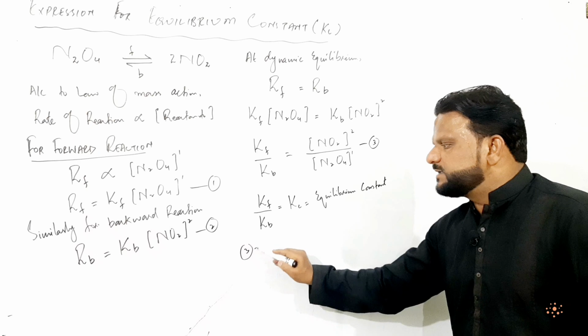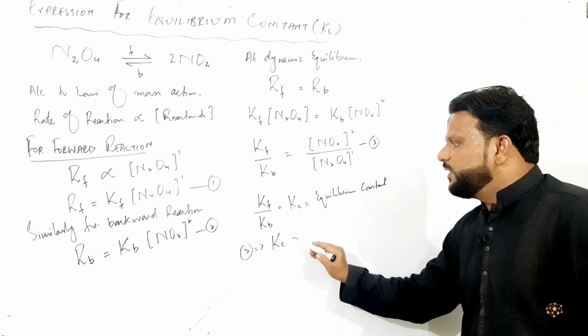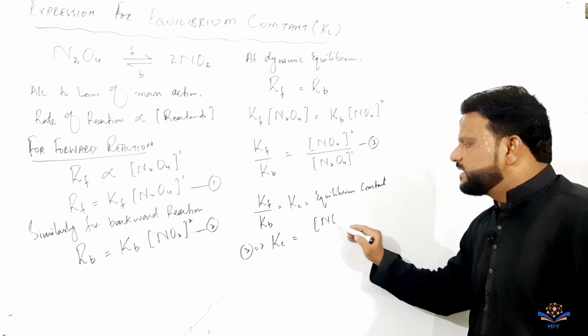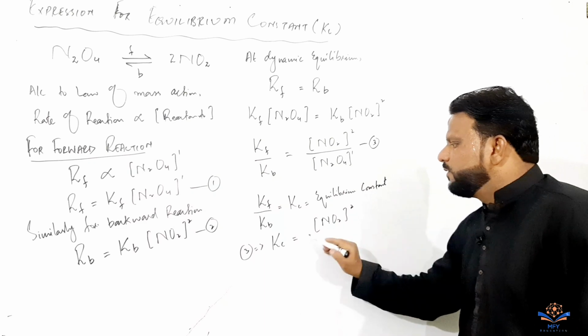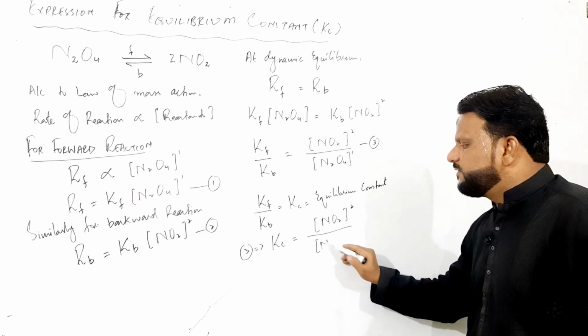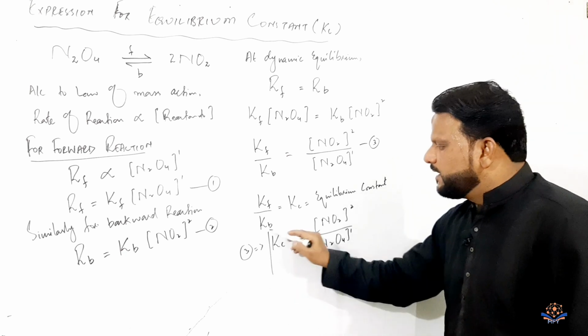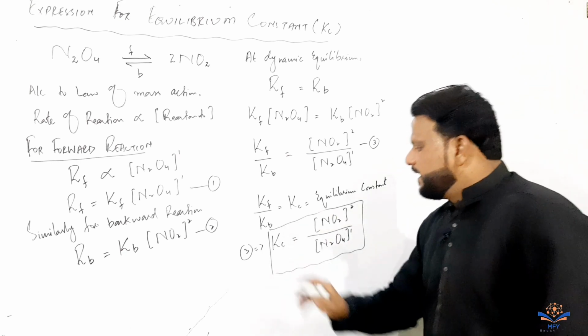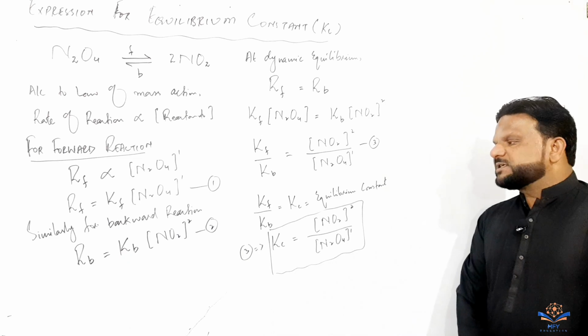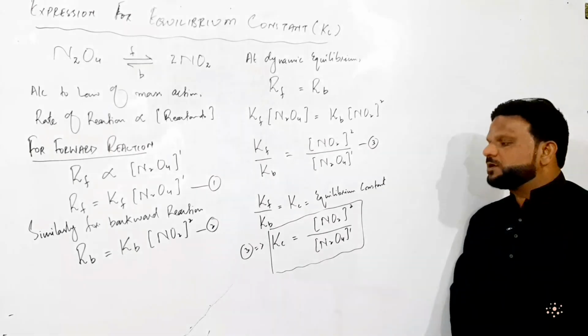Equation 3 implies Kc will be equal to active mass of NO2 power 2 over active mass of dinitrogen tetraoxide power 1. Here we have Kc expression for decomposition of dinitrogen tetraoxide.